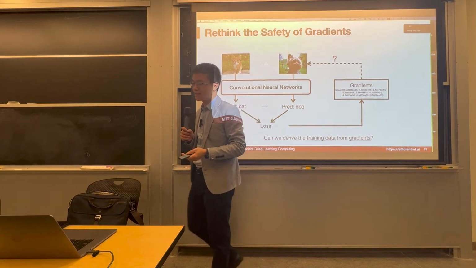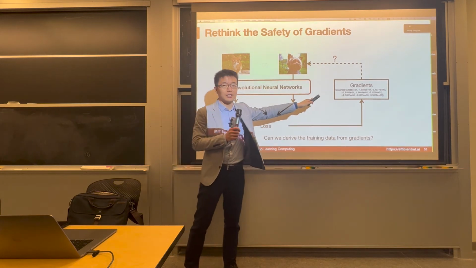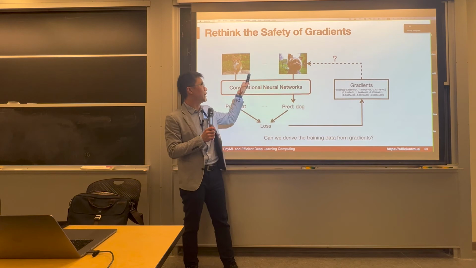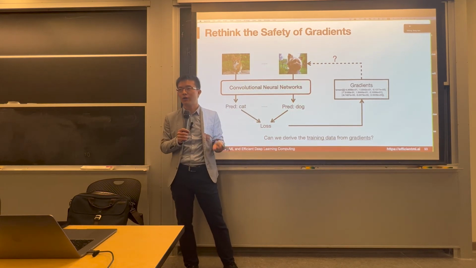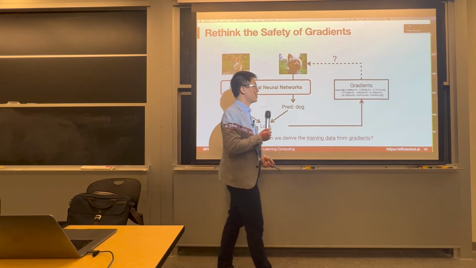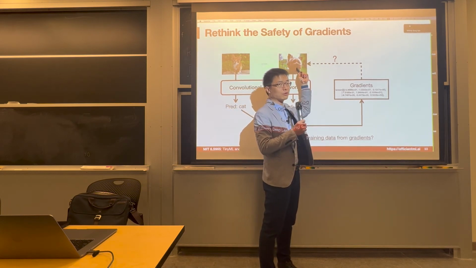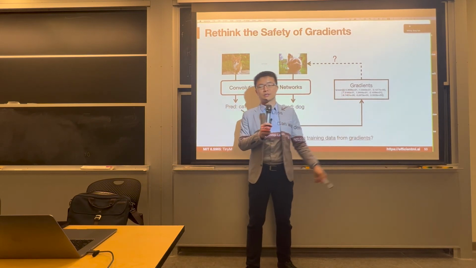Intuition tells us it does, because the gradient is calculated by using the inputs. Therefore, it must contain some of the information from these inputs. And the question here is whether we can recover the input image by using these gradients.